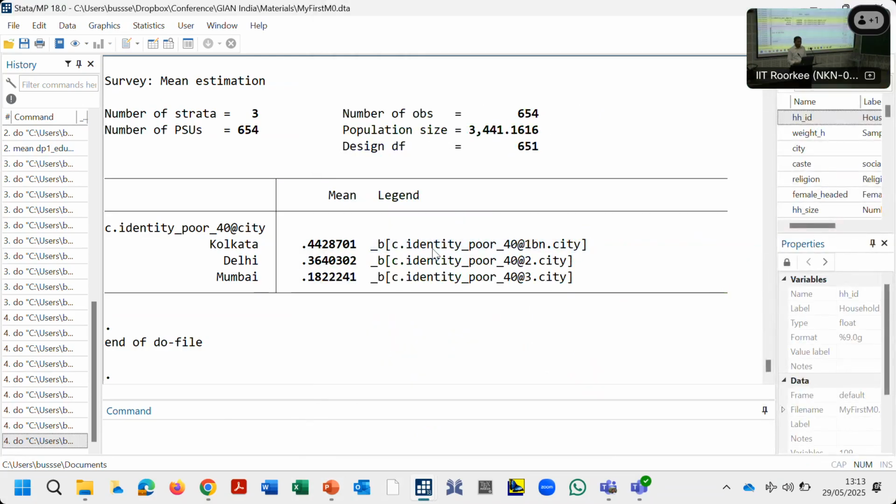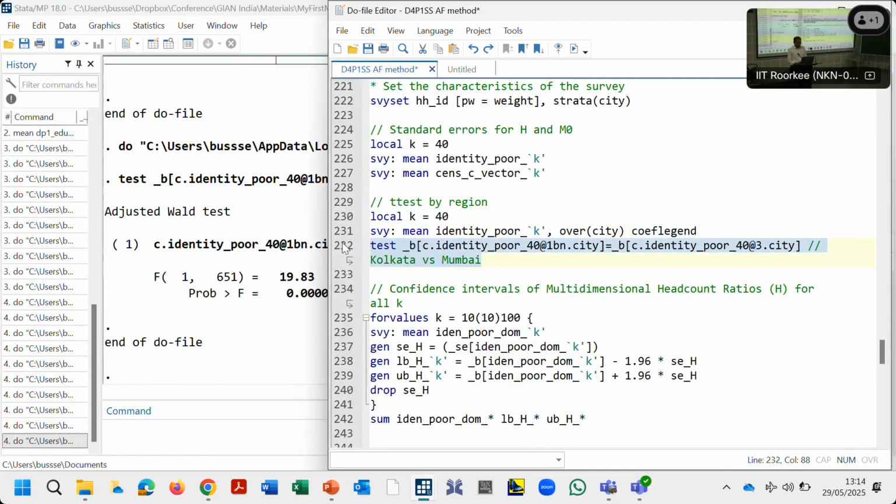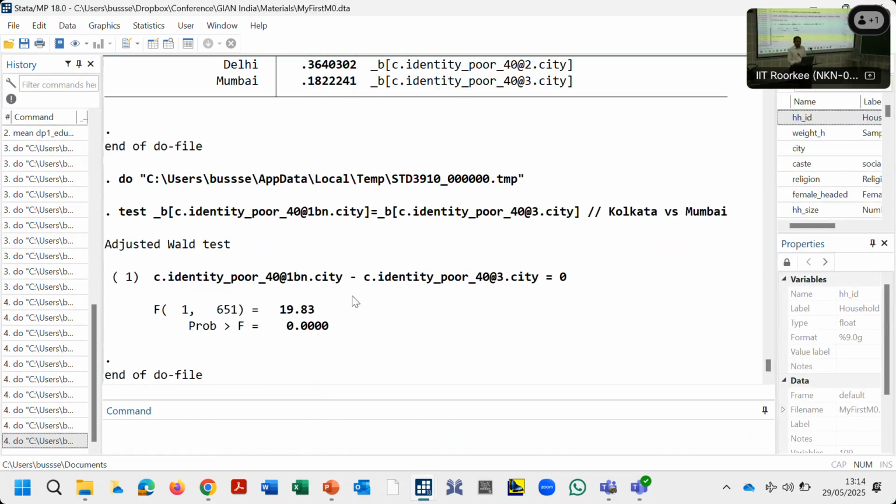So this is the value for Kolkata, _B and so on. And this one is for Mumbai. So what I'm doing, I'm saying, just test Mumbai and Kolkata. If I give that, there you go, the test statistics. Statistically significantly different or not.